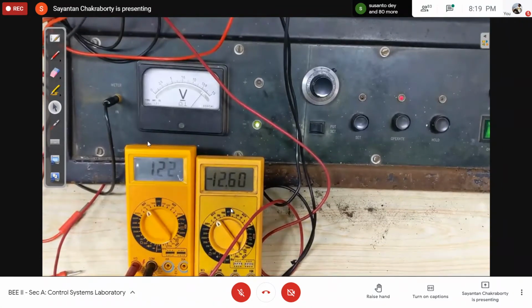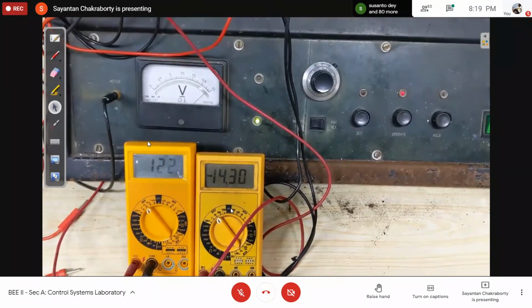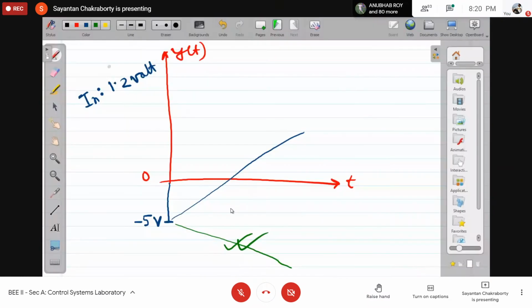See, it got saturated at -14.3. But theoretically, it should integrate beyond that as well. What we actually get is that the graph moves up to this point, then saturates at -14.30.